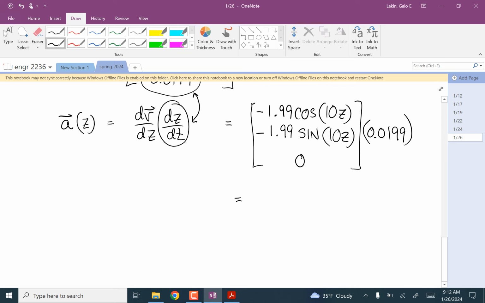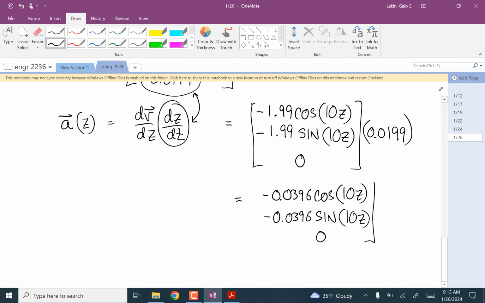So I guess I might as well calculate this. So negative 0.0396 cosine of 10z, negative 0.0396 sine of 10z, 0.